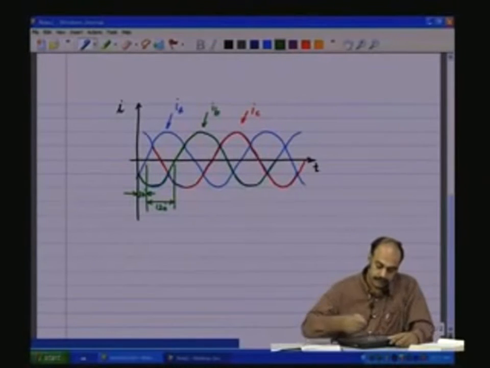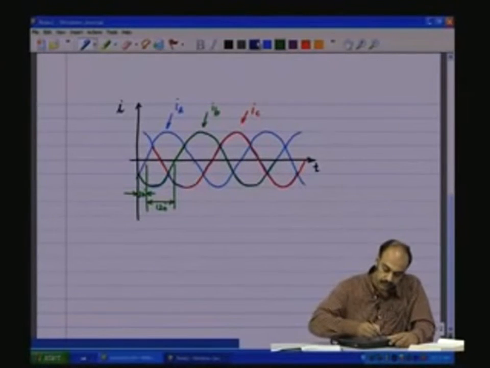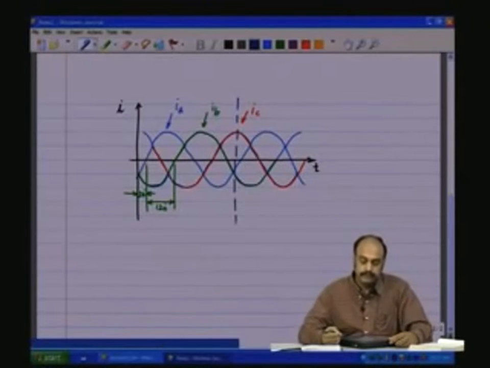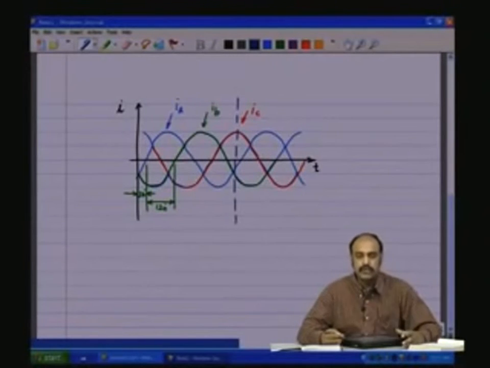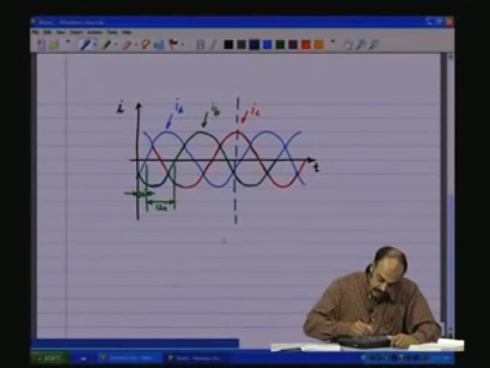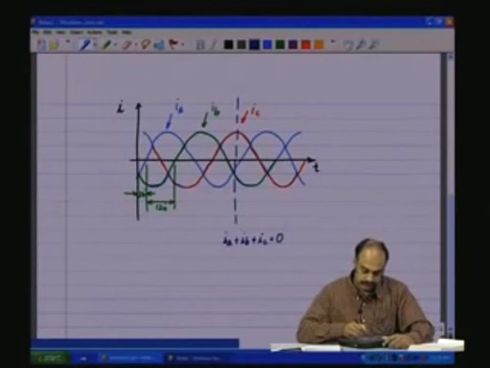So, if at any section, if the load is balanced, by balanced we mean that all the loads are of equal magnitudes, then at any section at any given instant, IA plus IB plus IC is equal to 0.